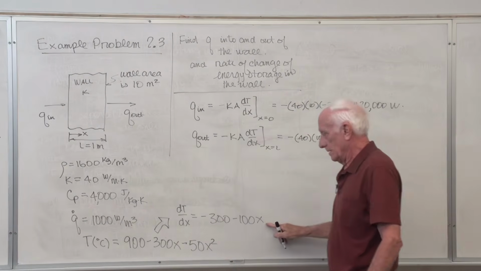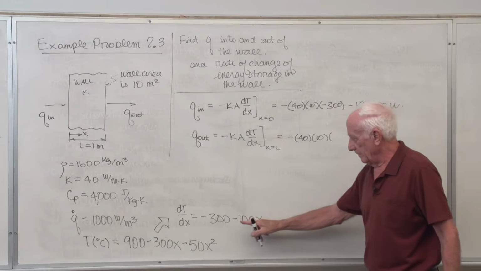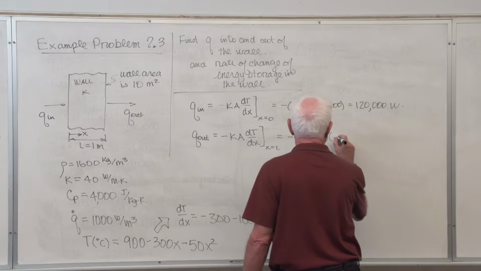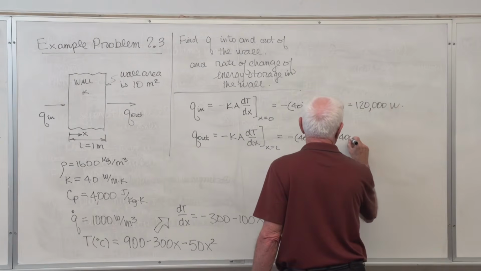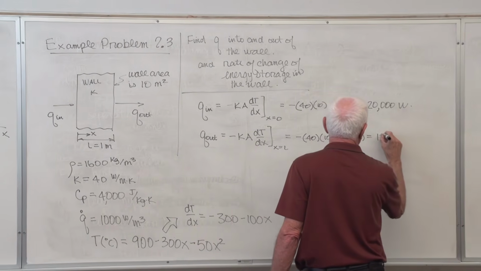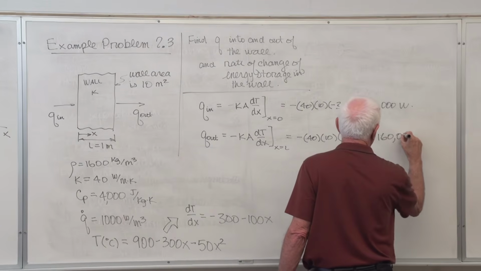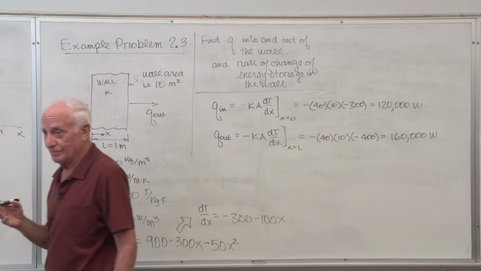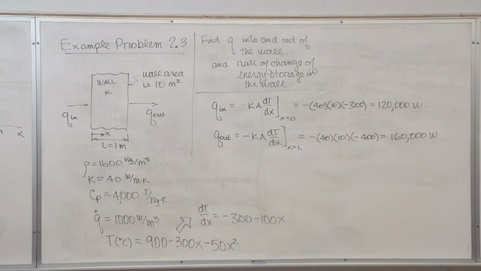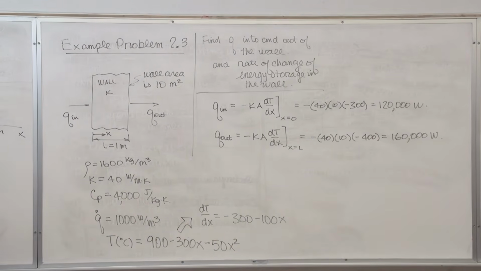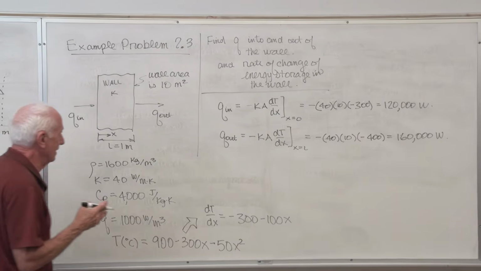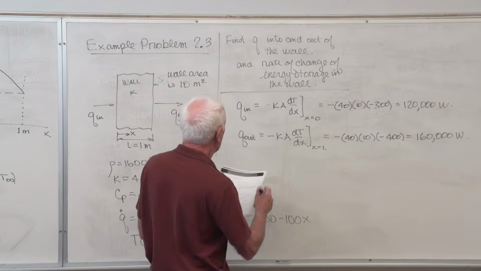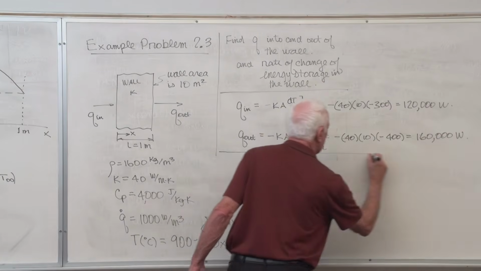Now, put x equals 1. Minus 300 minus 100 is minus 400. 160,000 watts. Okay, so more heat's going out than's coming in. So you can guess what's happening. The thing's getting hotter with time. Okay. Now we'll do part B.